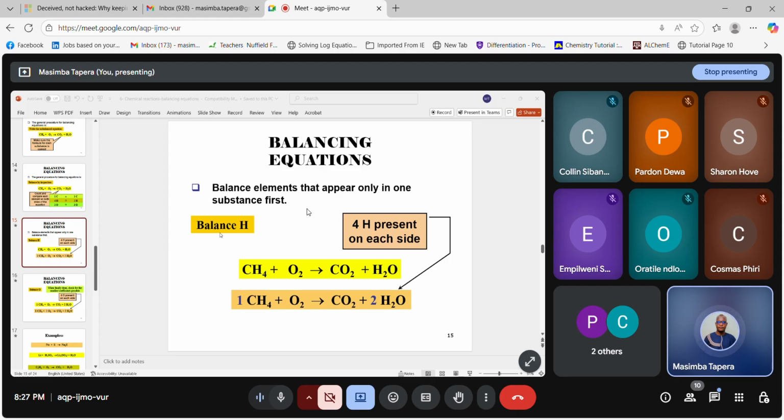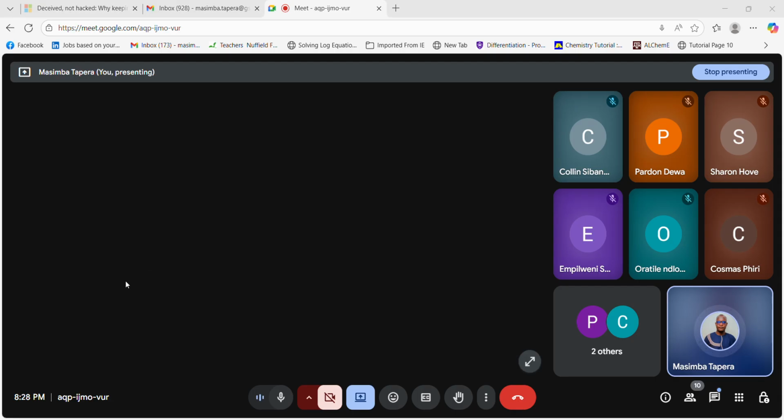So 4H present on each side, it means it's balanced in terms of hydrogen, balanced in terms of carbon. But now in terms of oxygen, it's not balanced, because on one side we have 2 oxygen, and on the other side we have 2 plus 2, which is 4 oxygen atoms. So we will need to balance that oxygen.